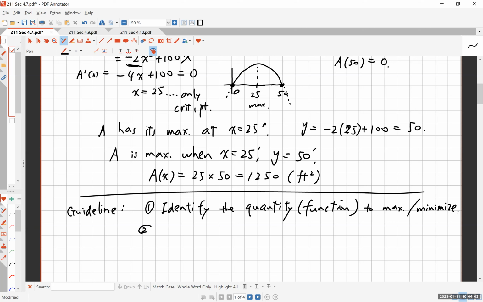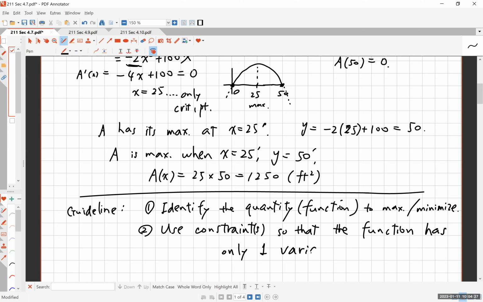All right, and then number 2, use constraints, maybe one constraint, so that the function to be maximized or minimized has only one variable.